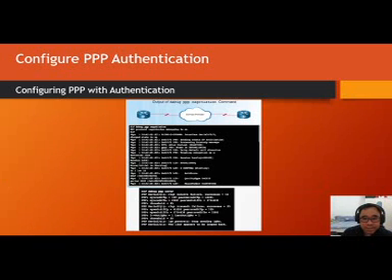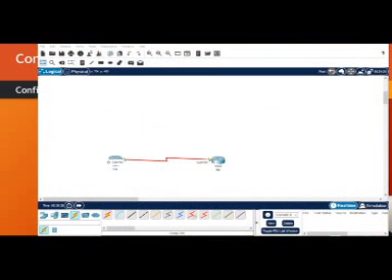So let's try to make a basic configuration in Packet Tracer. Here I have Packet Tracer.